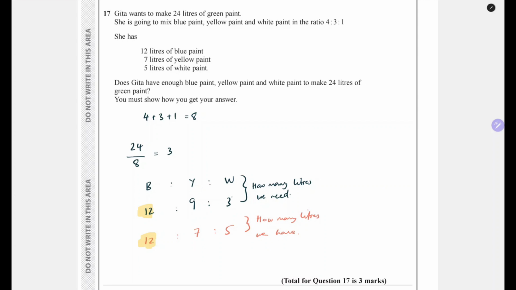And we are also okay with the amount of white paint because we only need 3, but we have 5. However, we don't have enough yellow paint. We need 9 litres of yellow paint, but we only have 7. And so the answer is no. Geeta does not have enough.